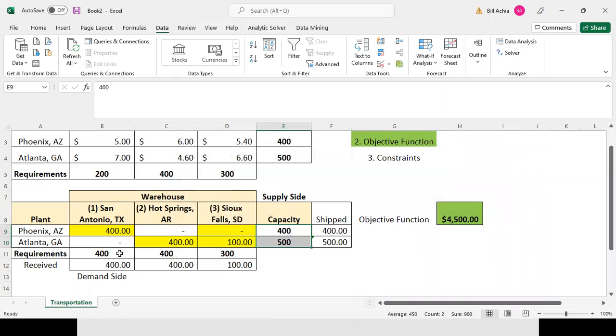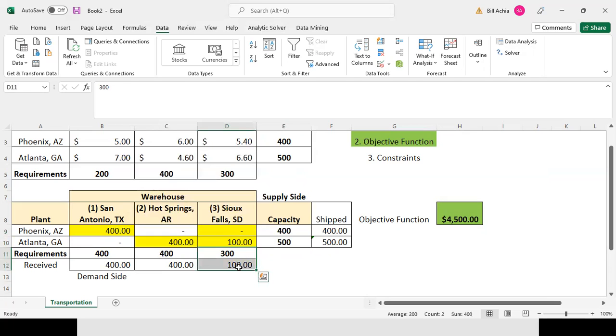Okay. Now, when you do that, you notice that it tells us to ship everything out of Phoenix to San Antonio, 400 tons to Hot Springs from Atlanta, and 100 tons to Sioux Falls, South Dakota. So we satisfy the requirement that everything that's in Phoenix and Atlanta has to ship out, but we have a net in our requirements here, and the net is right here.